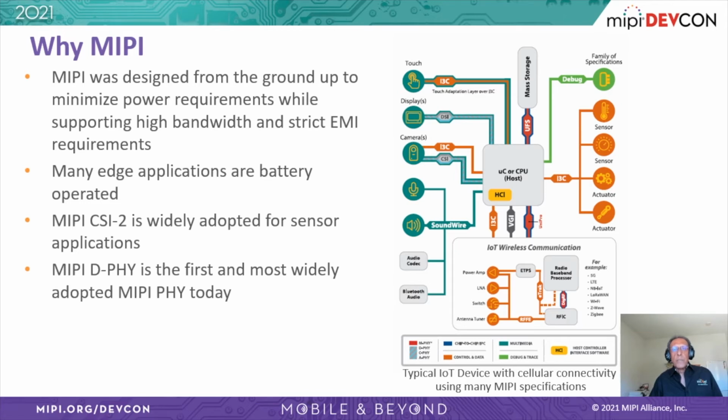MIPI CSI-2 and D-PHY are both widely deployed for sensor applications. The D-PHY is the first and most widely adopted MIPI PHY in the market today. In this block diagram, we have a typical IoT device using MIPI CSI and PHY. You can see the D-PHY or C-PHY are used to support both camera and display applications.